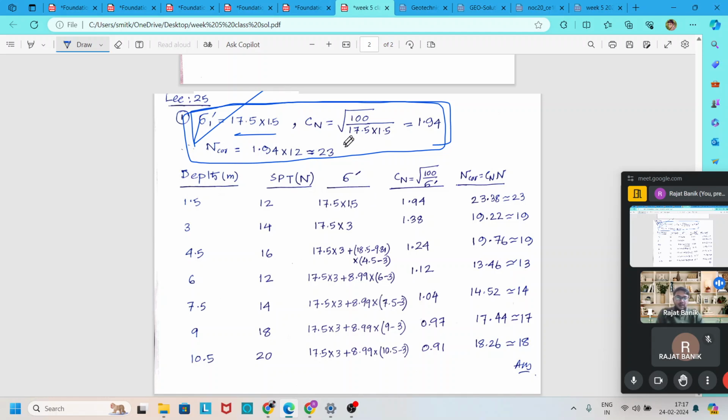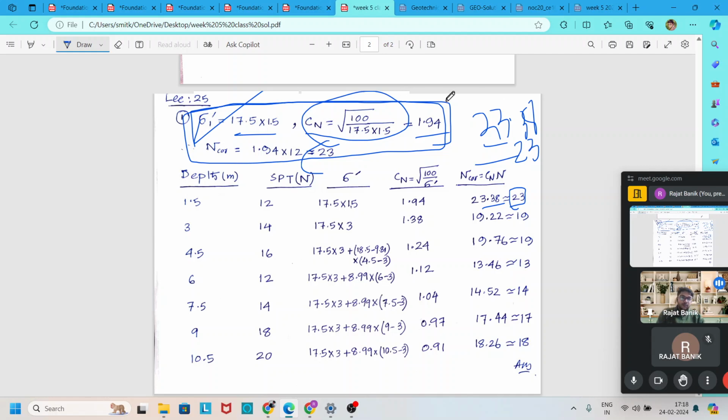Then we calculate the SPT correction for overburden, which comes out as 1.94. Then multiply it with the field value SPT number, that is 12, and it becomes 23.38. We take only the lower whole number in every case. So if our value comes out like 23.38, we take 23, the lowest whole number.